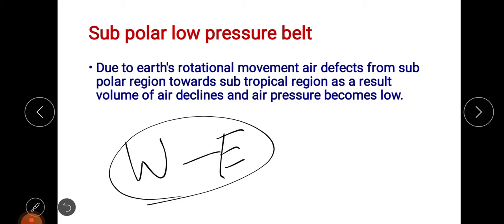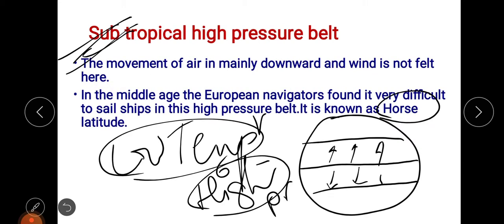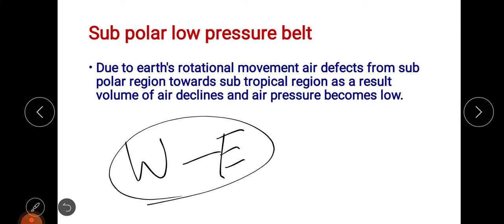Deflects means it slightly moves away, it bends, from the subpolar region towards the subtropical region. Air moves from the subpolar low pressure belts towards the subtropical region because of the earth's rotational movement.